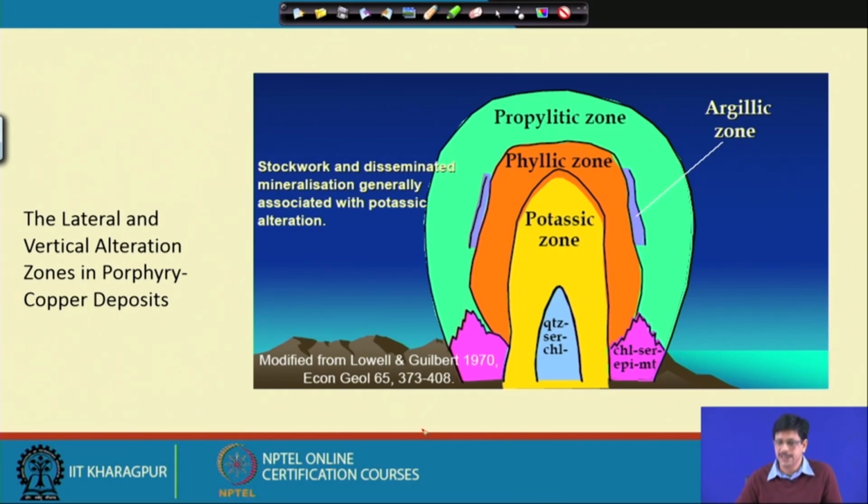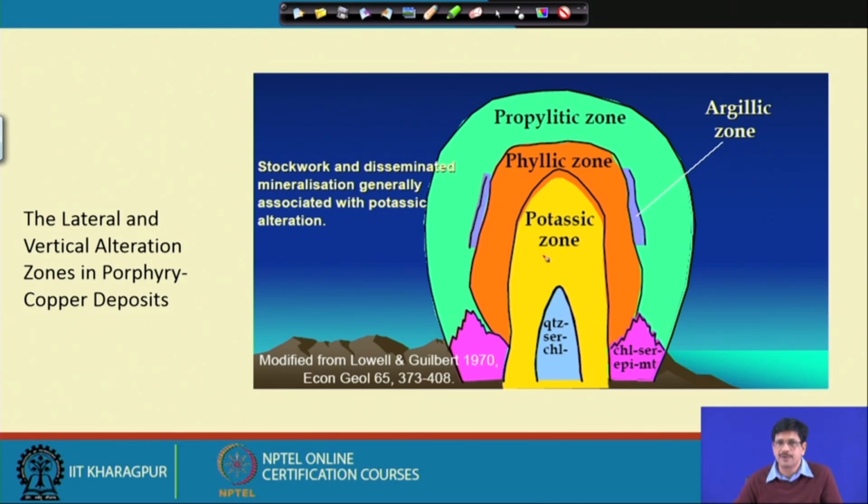It is a very generalized idea, taking the porphyry copper deposits that occur all over the world, and we know that the alterations are arranged in a zonal pattern, which could be vertical or lateral, because if we move from the core to away, we encounter the potassic, phyllic, propylitic and the argillic zones, and also if we move vertically. So, they are basically called the lateral and the vertical alteration zones around a porphyry copper deposit.